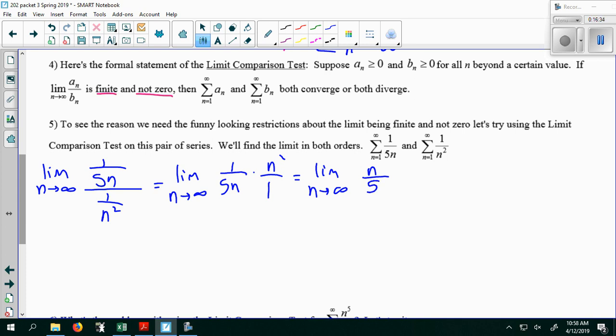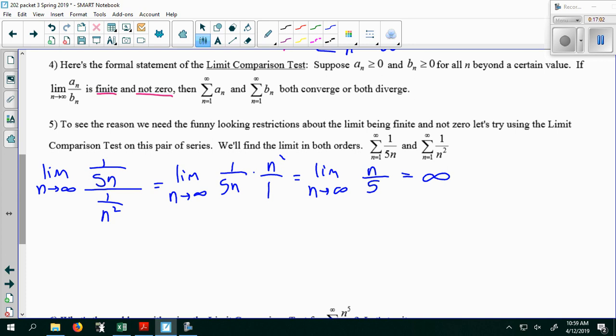And what is that limit? Infinity. As n goes to infinity, n over 5 will also go to infinity. So this actually means that we can't conclude anything, right? The limit comparison test says that if that limit is finite and non-zero, then both sums do the same thing.